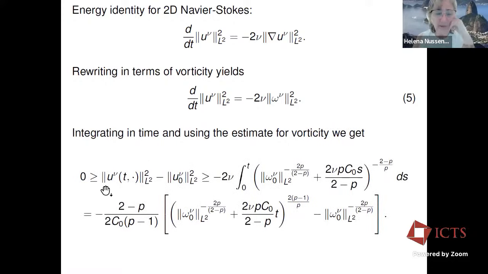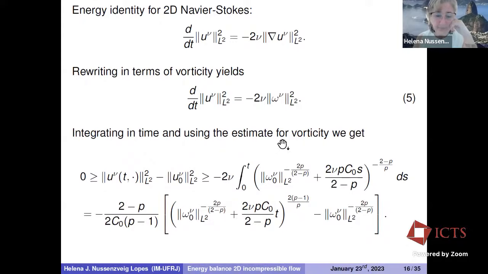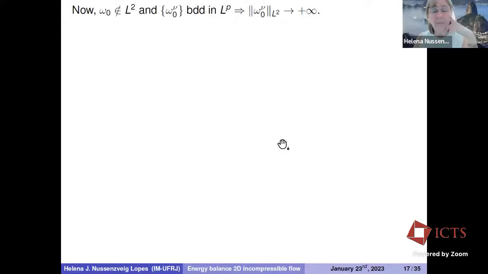So the difference in L2 norms, u nu at time t minus u naught nu, is less than or equal to 0, and it's greater than or equal to this right-hand side here. Now, omega naught was assumed not to belong to L2, and omega naught nu was assumed bounded in LP. Therefore, the L2 norm of omega naught nu necessarily tends to plus infinity when nu goes to 0.